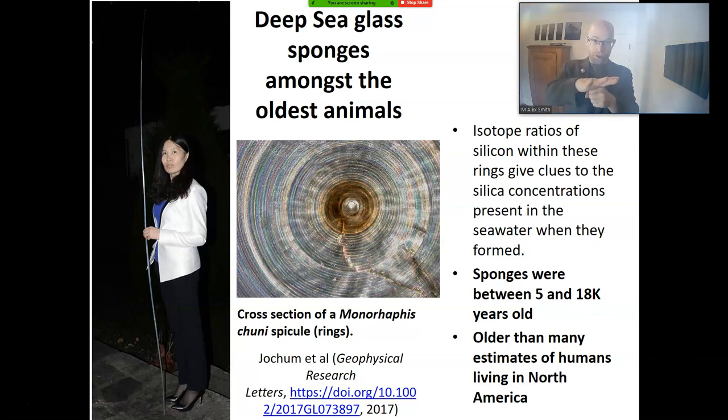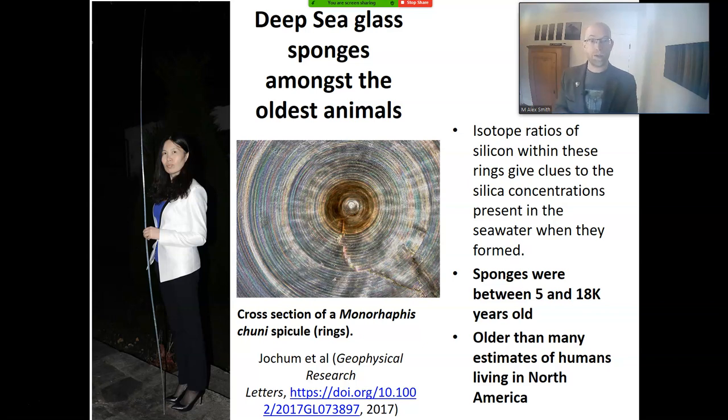And you're looking at a cross section there in the center of this spicule, and the different isotopes of silicon within those rings can give researchers clues about the silica concentrations that were present in the seawater when the sponges were growing, and that in turn can tell us about conditions in the ocean, but also when they were growing.